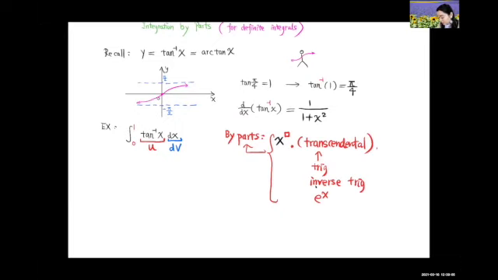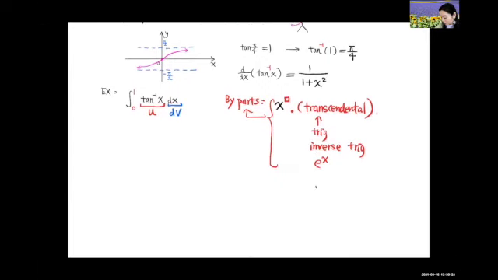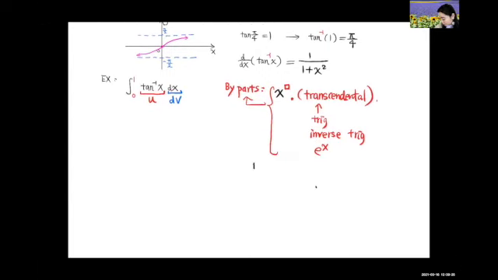So this one over here, you can think about this as x to the 0 power times this inverse trig function, inverse tangent. So we use by parts. So u is inverse tangent of x, du is dx. Okay, let me write down. So u equals inverse tangent of x, dv is dx.